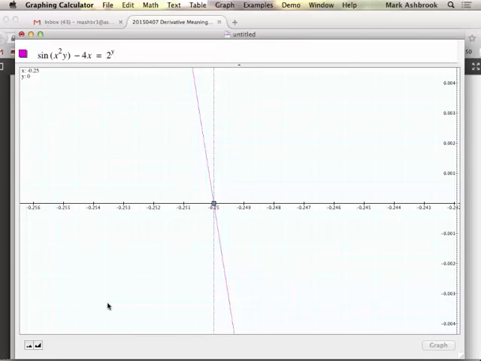Okay, any volunteers? The rate of change is negative 6.3 of y with respect to x. What does that mean?